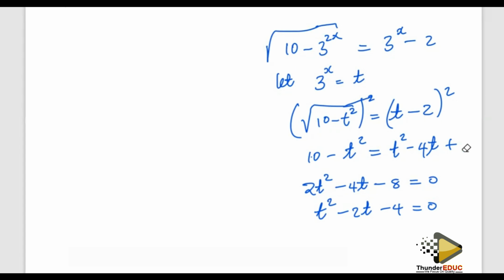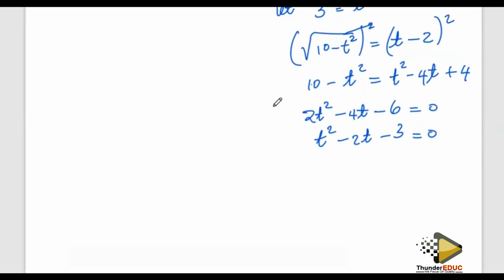This is meant to be a 4. This is a 4. If that's a 4, then this is going to be negative 6. And that's going to be negative 3. Okay, 6 and a 3.